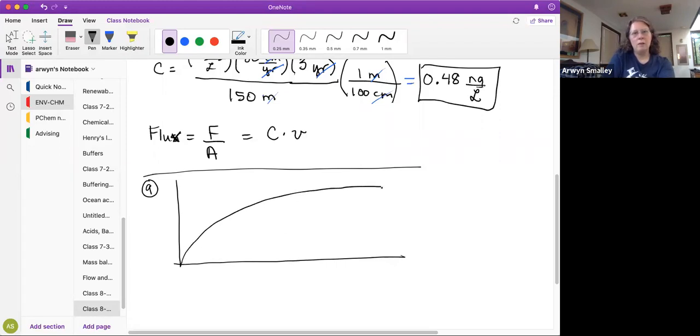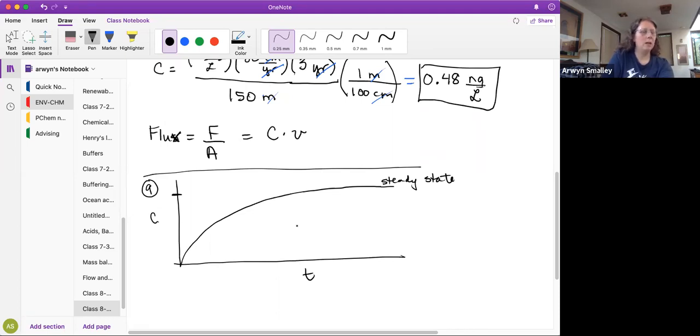When we start adding something to a system, at some point it's going to be at a steady state, and it'll have some final concentration reflected by this. And we need some equation to get there.